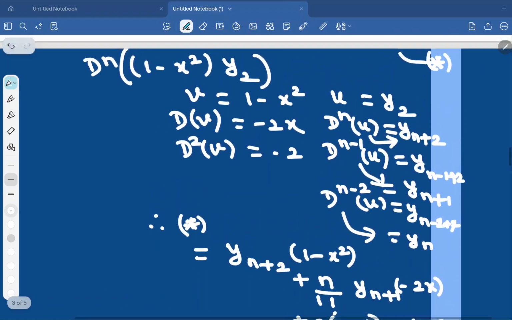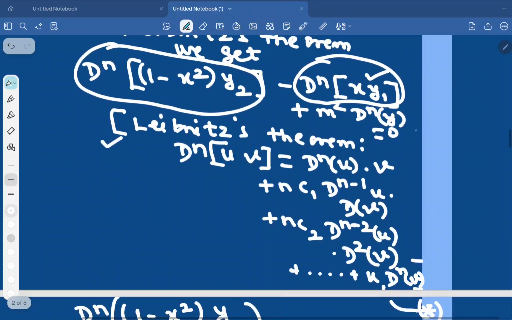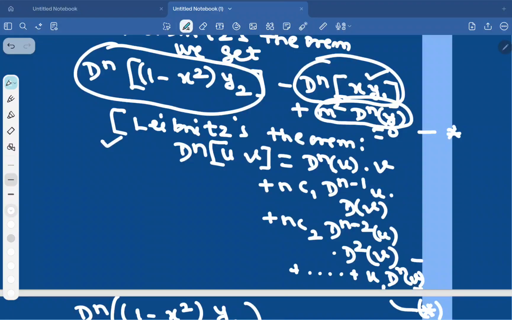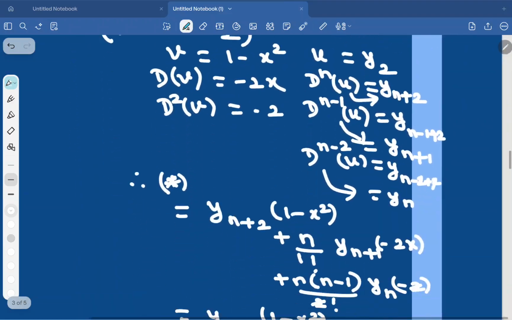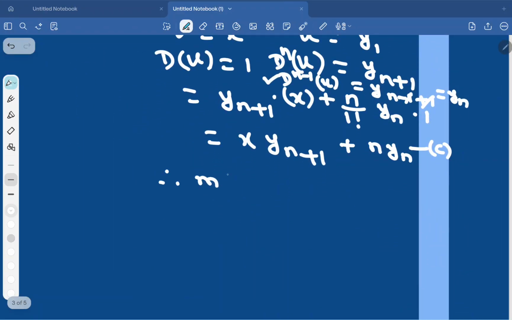Last term in star, that is last term here, this is double star. Last term in double star, m square d power n of y. m square d power n of y is m square yn.